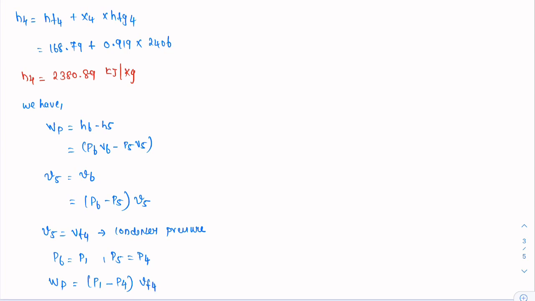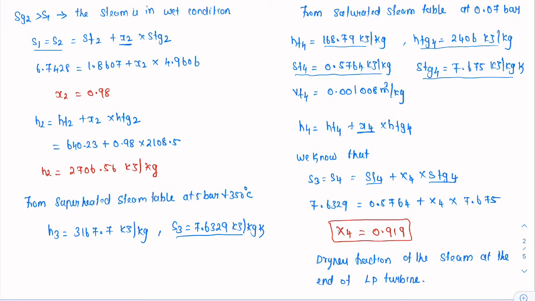We have the value of P1, P4 and Vf4, and Vf4 has been taken from the steam table: 0.001008 meter cube per kg.